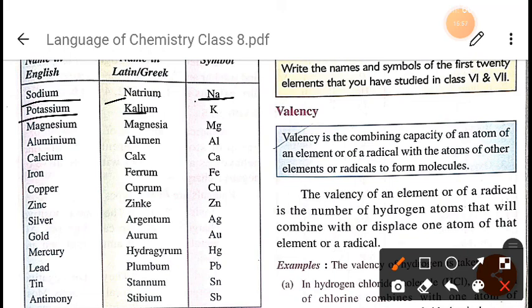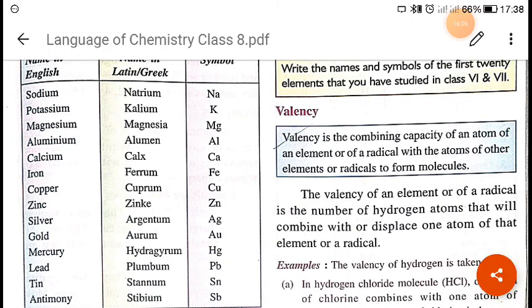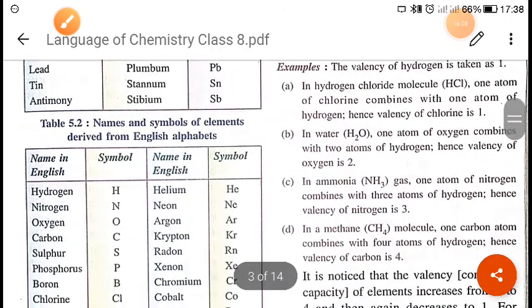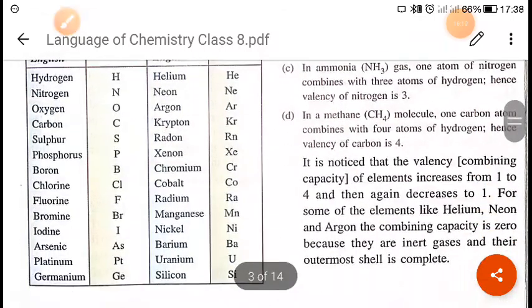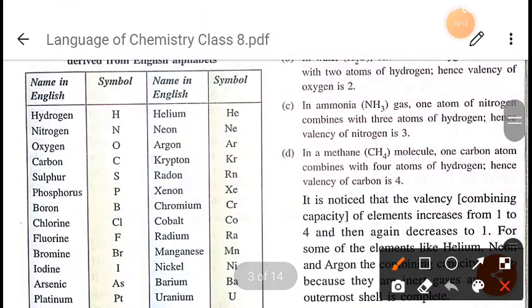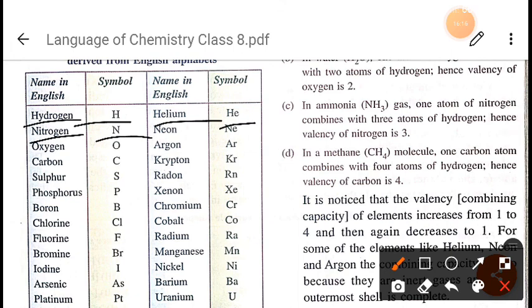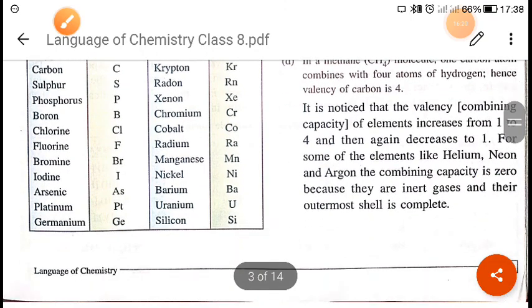Potassium is taken from kalium, its symbol is K. Magnesium is taken from magnesia, its symbol is Mg. Here the symbols are H for hydrogen, He for helium, N for nitrogen, Ne for neon. These are some of the examples you can see here.